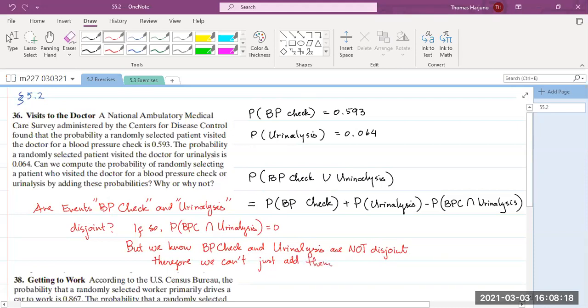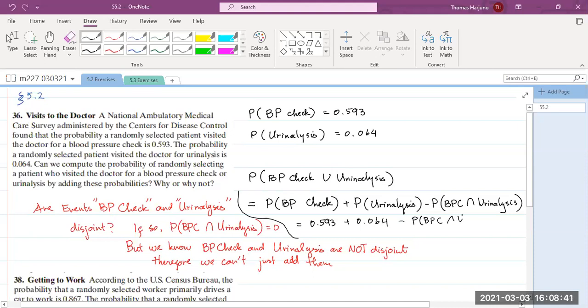However, we know one thing for sure. If I continue with this computation, this is equal to 0.593 plus 0.064, and we will subtract some number, right?